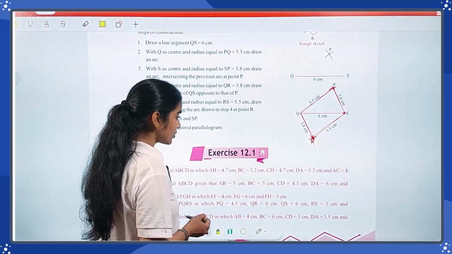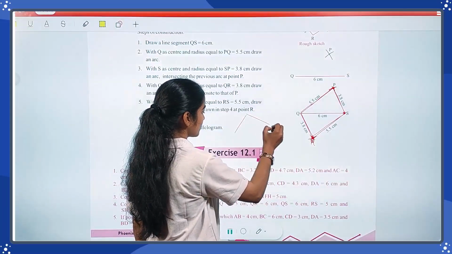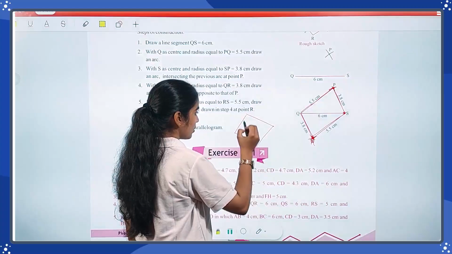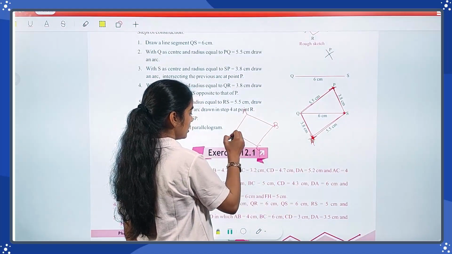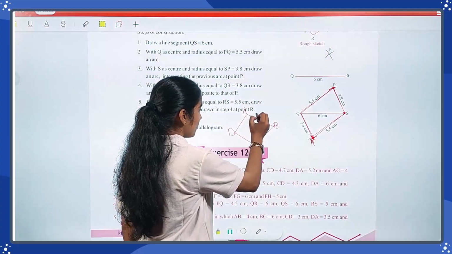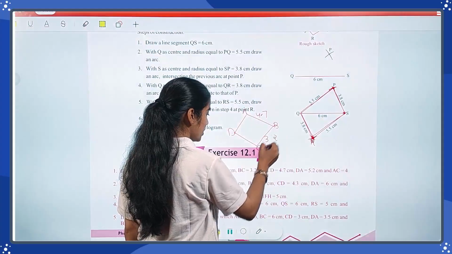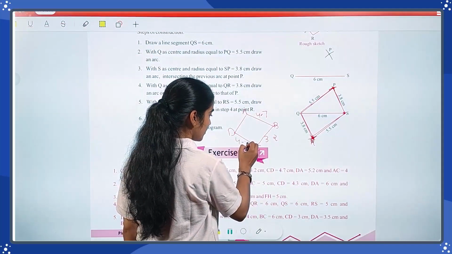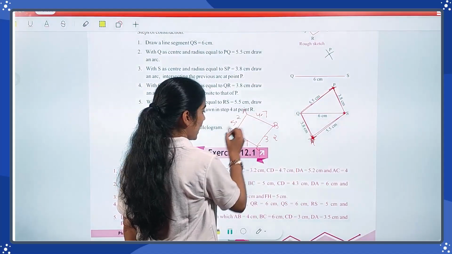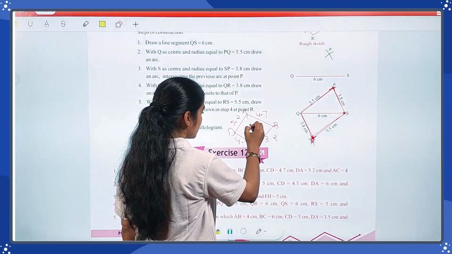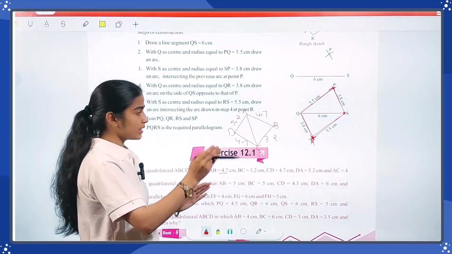First of all, draw your diagonal, now label it A, B, C, D. AB you have 4, BC you have 3, CD you have 4.7 and DA you have 5.2 centimeter, and AC is your diagonal. You can shift your quadrilateral like this also.